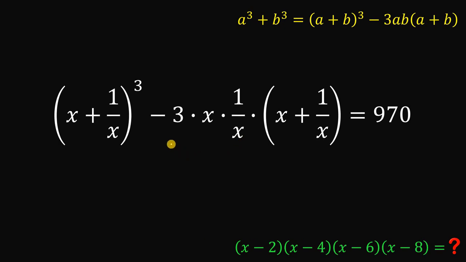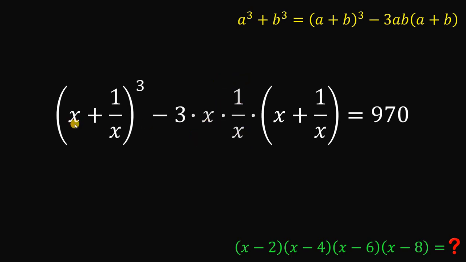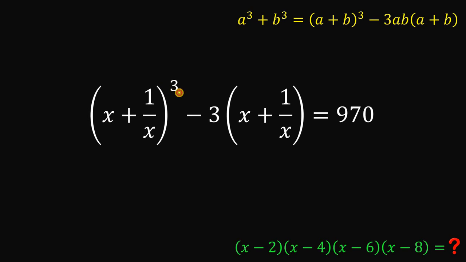Alright, now let's focus on this product, x times 1 over x. This is just gone and must be equal to 1. So this simplifies to (x plus 1 over x) raised to the power of 3 minus 3 times (x plus 1 over x). Now, we can see two similar terms right over here.